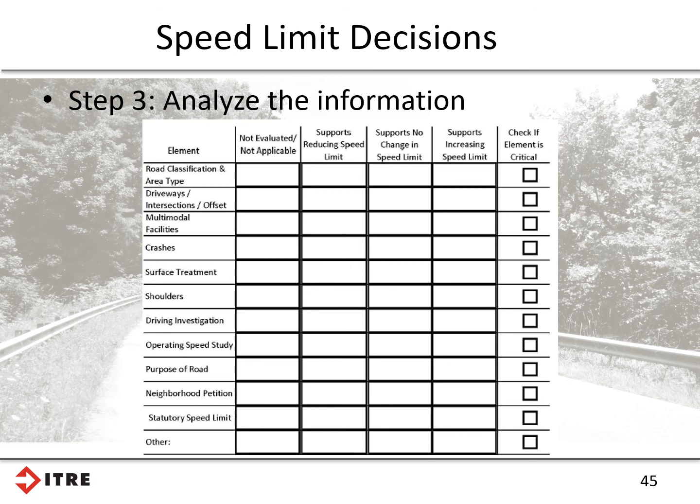We also give an option to check whether that element is critical. We took a lot of information in and built this set of elements, and there is an other category here as well. The idea is to look through each of these types of data individually and document what decision it supports, identifying the data types that are critical considerations and that will ultimately influence the speed limit that is selected.